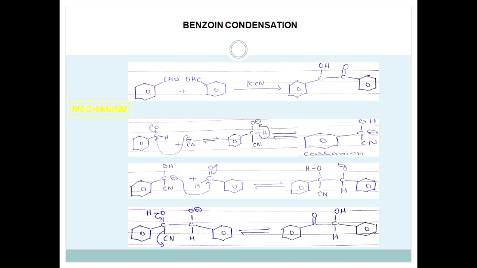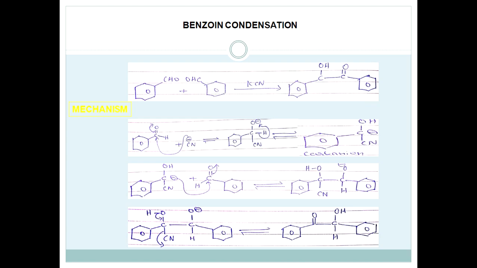For example, benzaldehyde condenses in the presence of KCN, that means potassium cyanide, as a base, to yield benzoin.